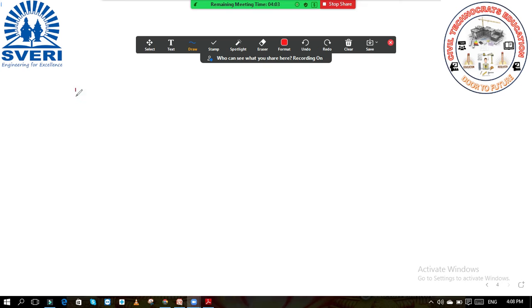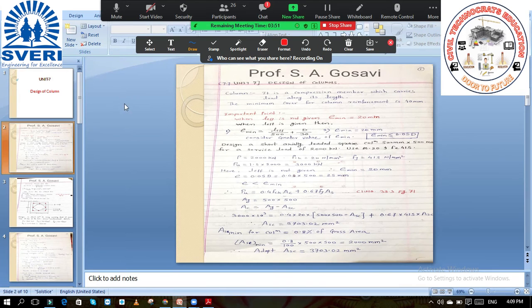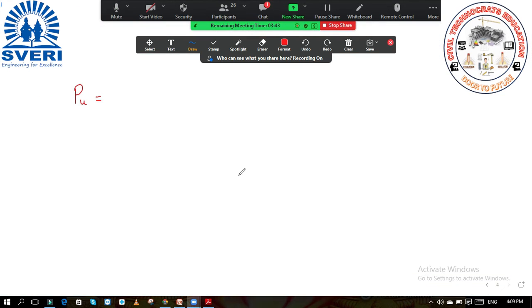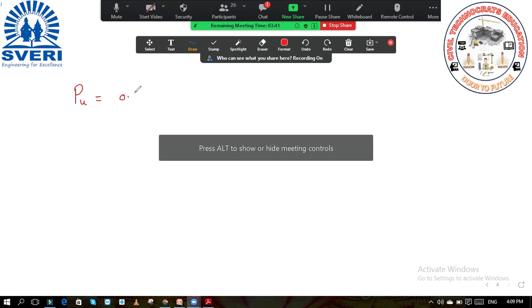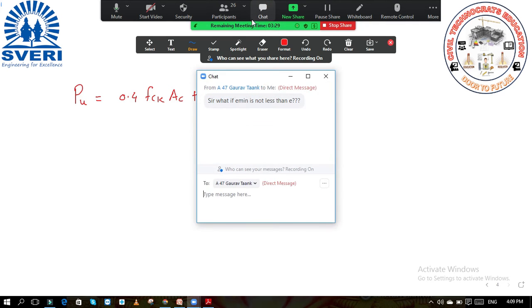This clause says that axial load PU is equal to 0.4 FCK AC plus 0.67 FY ASC. Okay, so this is the clause.